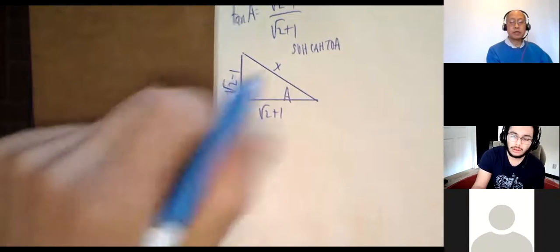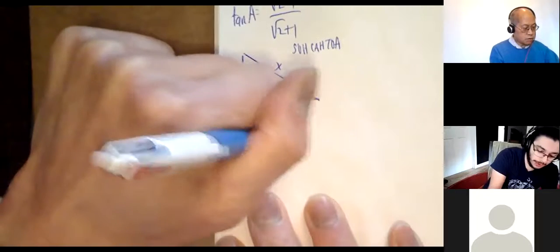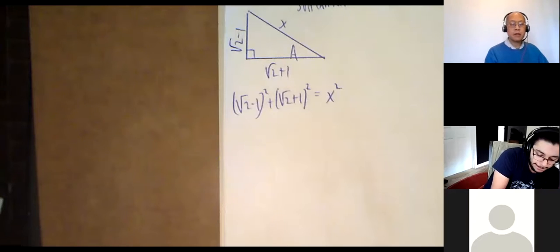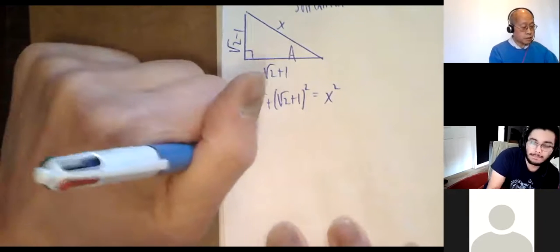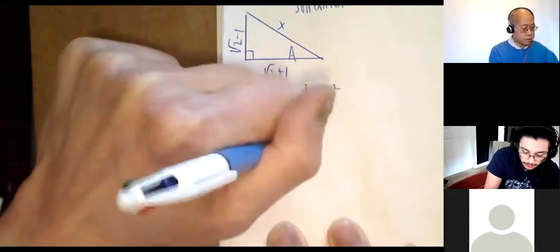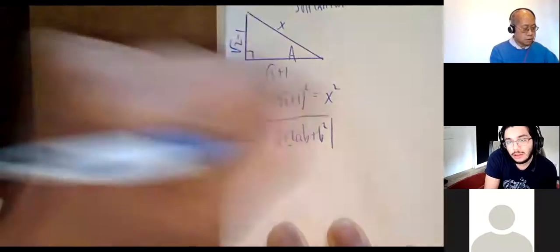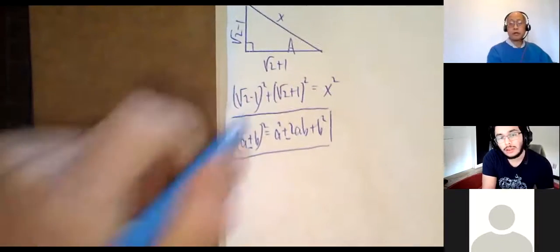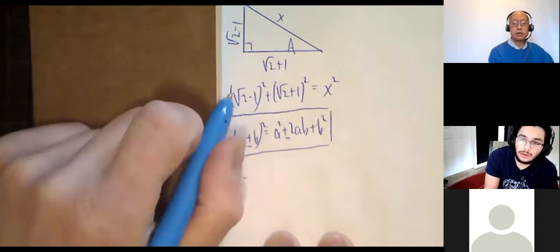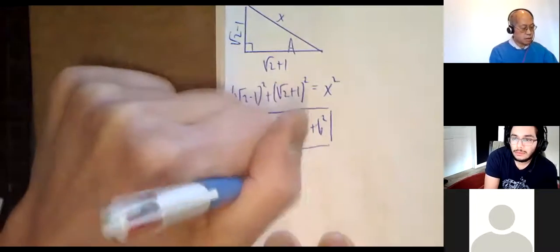All right, so a squared plus b squared equals c squared. Radical 2 minus 1 squared plus radical 2 plus 1 squared is equal to x squared. My shortcut formulas are a plus b squared is a squared plus 2ab plus b squared, and if there's a minus, this is a minus. So this would be 2 minus 2ab, 2 times 1 times radical 2, plus b squared is 1.